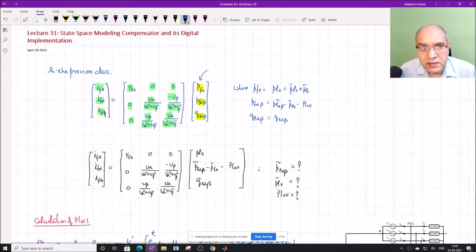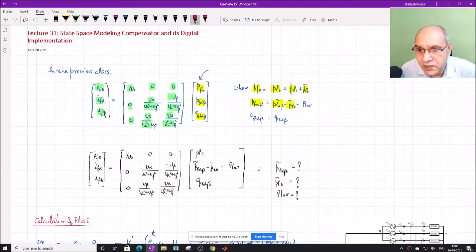For one compensation scheme we found that PF0 should be equal to PL0, which is the sum of the average zero sequence power PL0 bar and PL0 tilde. The next component is PF alpha beta, which must be equal to PL alpha beta tilde, that is the oscillating component of the alpha beta instantaneous active power, minus P0 bar, the average zero sequence power.